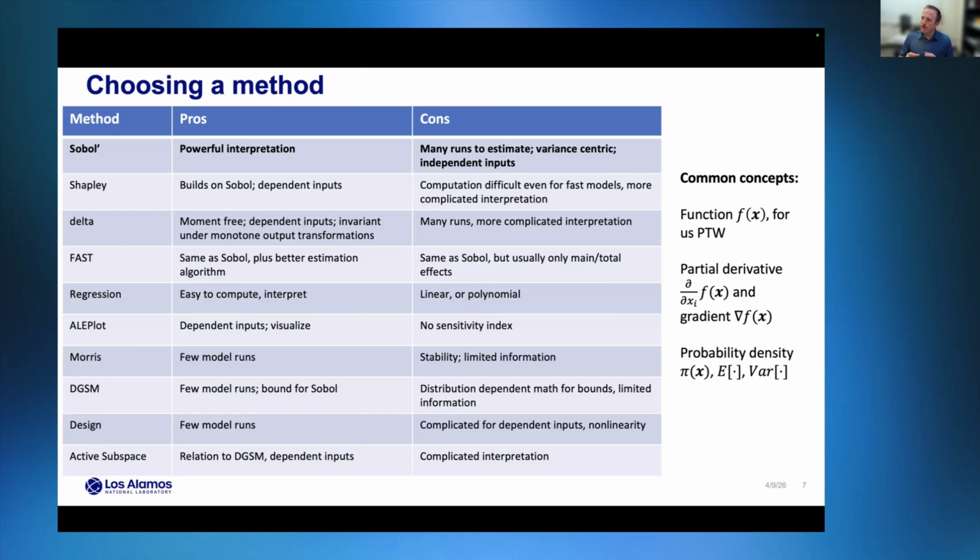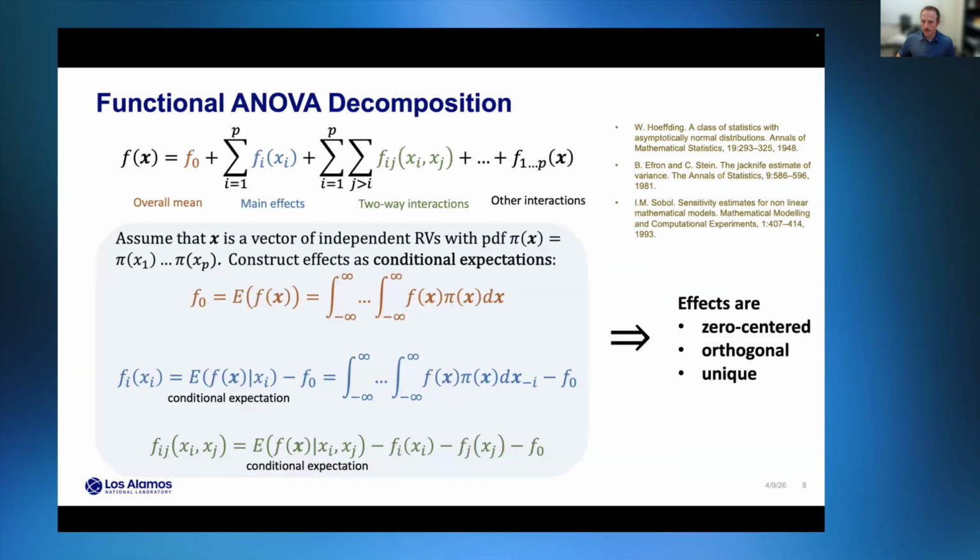The problems we'll see with the Sobol decomposition are that estimating it can be difficult, that it's focused on variance, and sometimes variance isn't the greatest description of our uncertainty, and that it requires independent inputs.